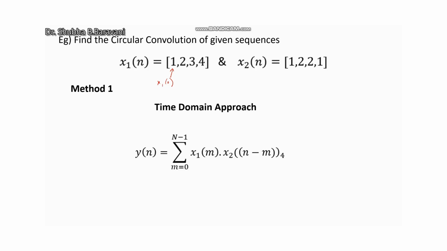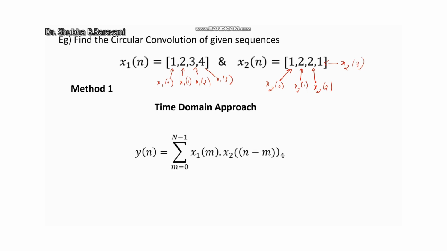This is x1 of 0, x1 of 1, x1 of 2, and x1 of 3. Similarly, this is x2 of 0, x2 of 1, x2 of 2, and x2 of 3.